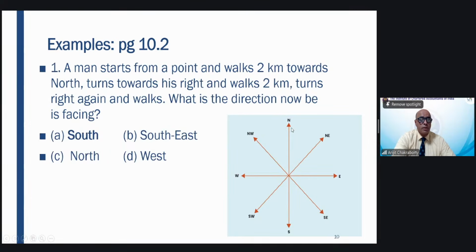So नॉर्थ की तरफ जाने के बाद he is taking a right turn and walks 2 kilometers. सो नॉर्थ में जा रहे हैं, फिर राइट टर्न, and he turns right again and walks. So what is the direction he is facing? So you can understand, पहले नॉर्थ की तरफ जा रहे हैं, then takes a right turn. Right turn means अभी वो पूरब की तरफ, up and right means your right side, पूरब की तरफ जा रहे हैं, he is going towards the east, then again takes a right turn, that means now he is facing the downward side, and downward side का मतलब है he is facing south.